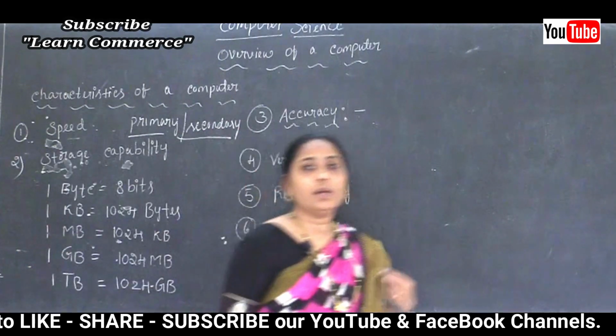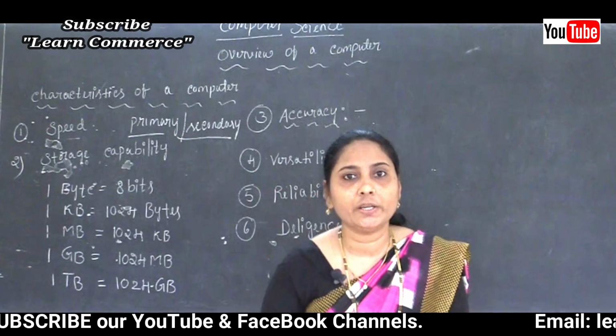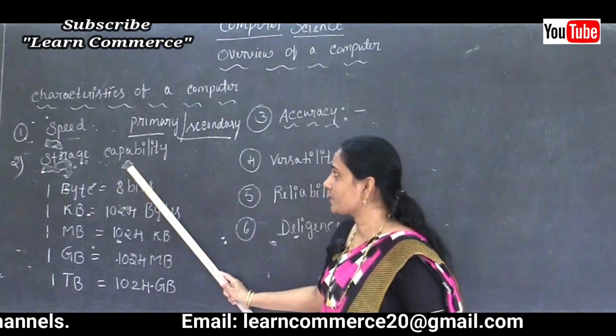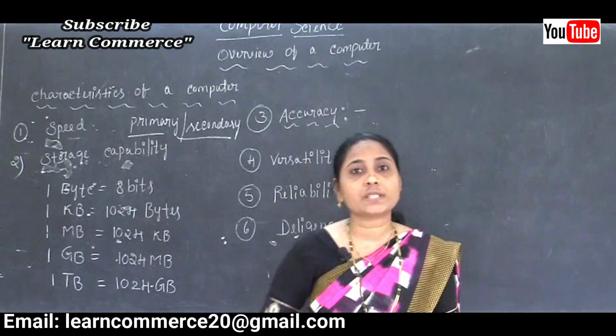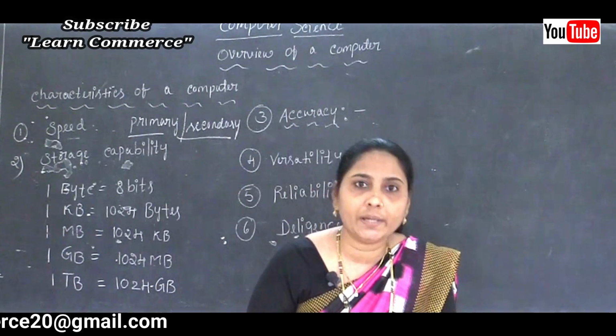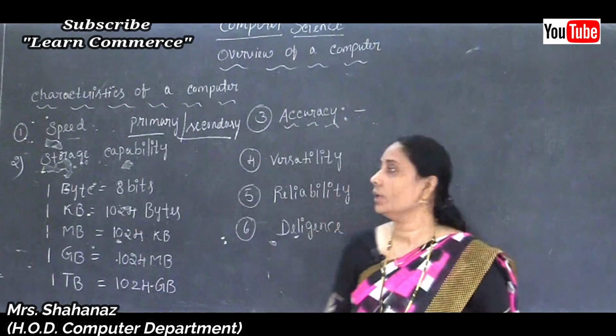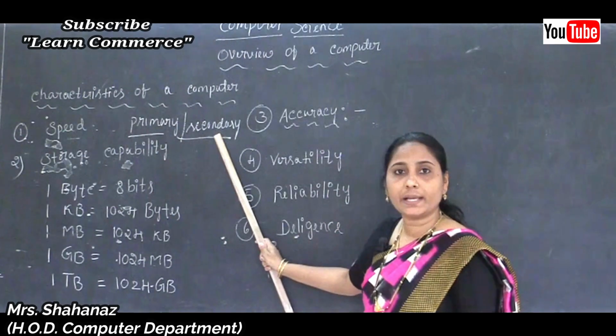Clear this point here. So now we are at the second point, storage capacity or capability. Such capacity or capability of the storage depends on both primary and secondary storage.